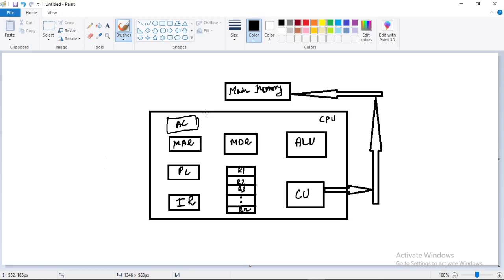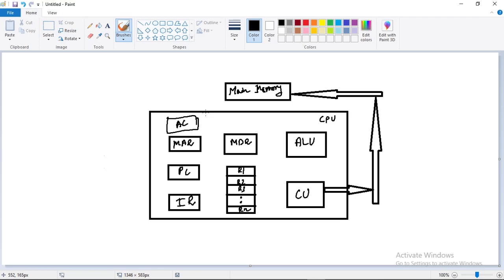That means the register MAR holds the address of a particular location, and whatever data is present in that location is going to be held by MDR or MBR. In the current instruction, the data on which we are working will be held by MDR.